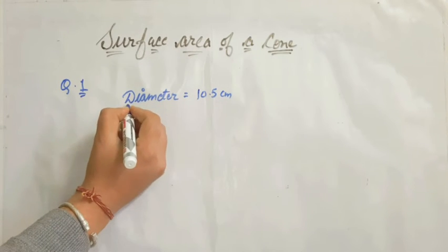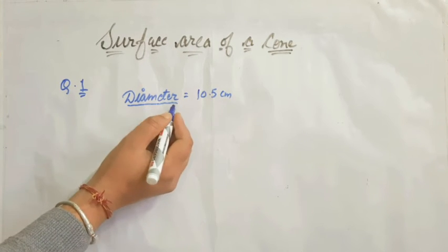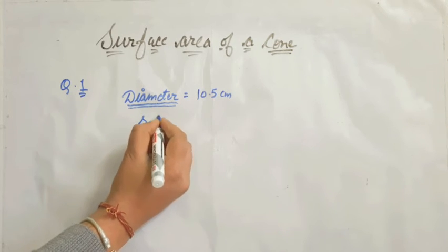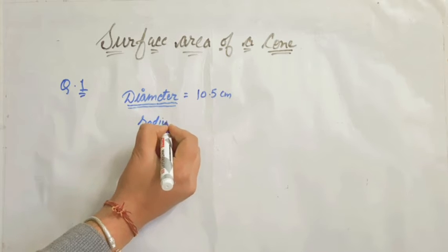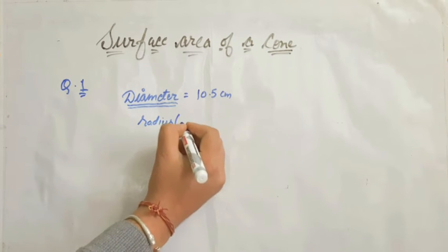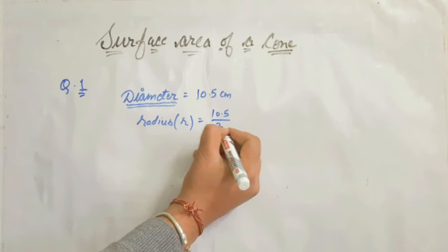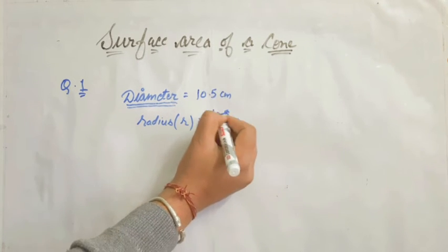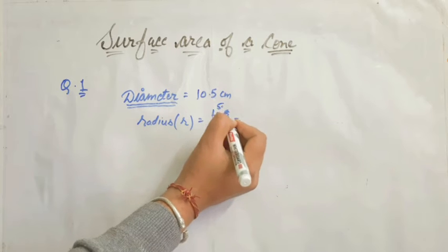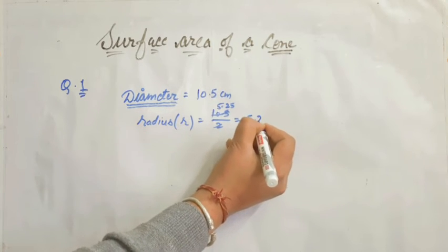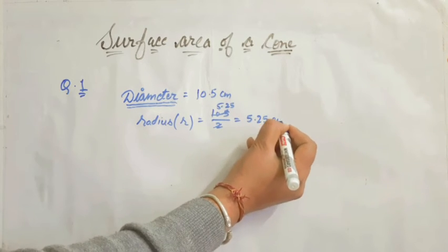So from diameter you can find out radius. You know the relation between diameter and radius: radius is half of the diameter. So radius r will be equal to 10.5 upon 2, which is equal to 5.25 centimeter.